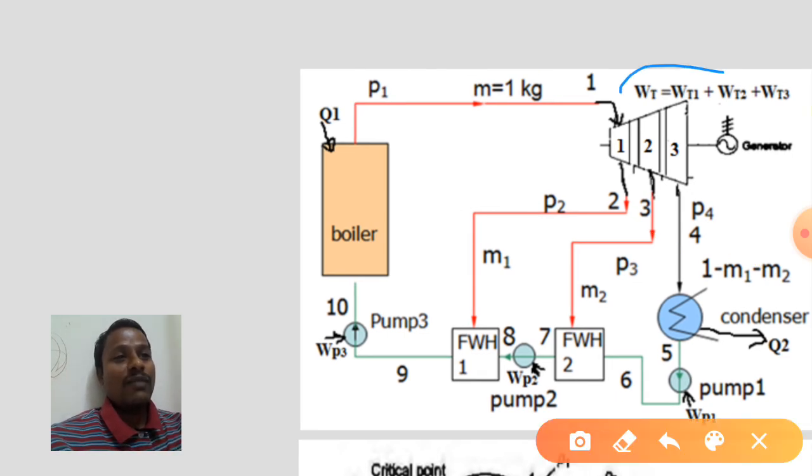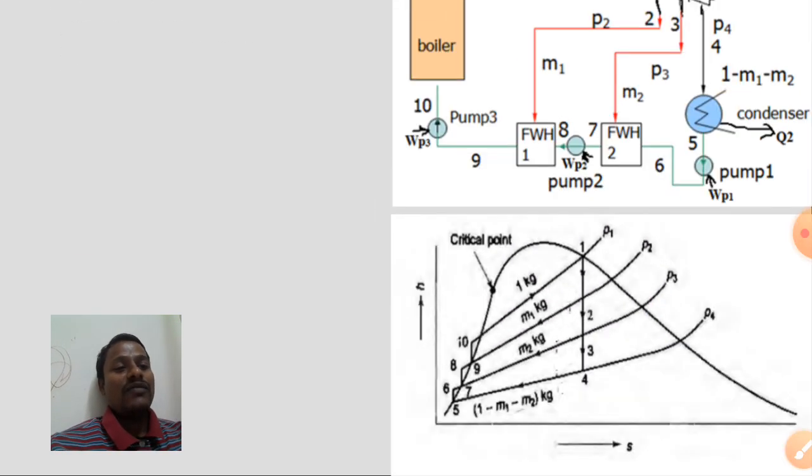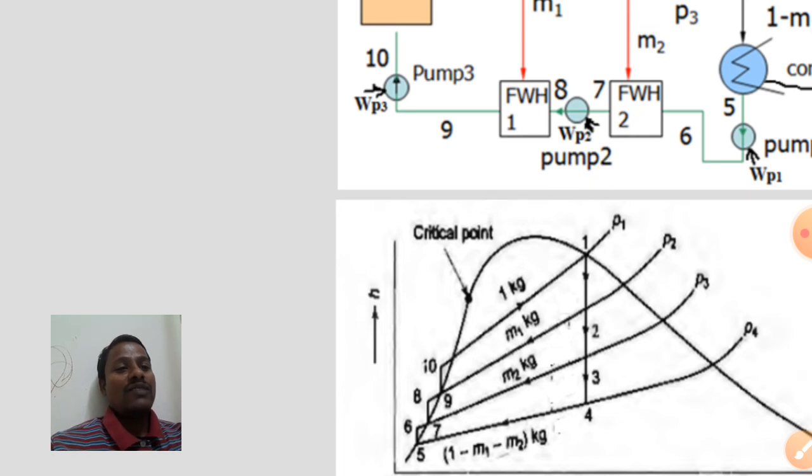So Wt is Wt1 plus Wt2 plus Wt3. These are the 3 turbine stages. Here we have the same expressions, and we know Wt1 is produced between 1 to 2, that is H1 minus H2 with mass 1 kg, and 2 to 3, that is H2 minus H3 with the mass 1 minus m1 kg, and so on.